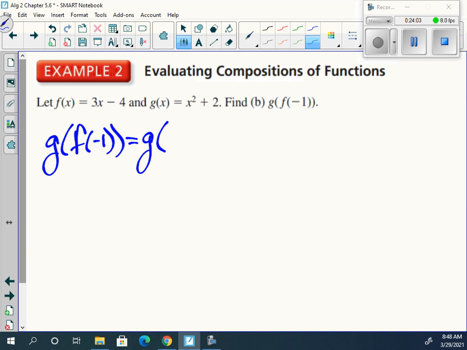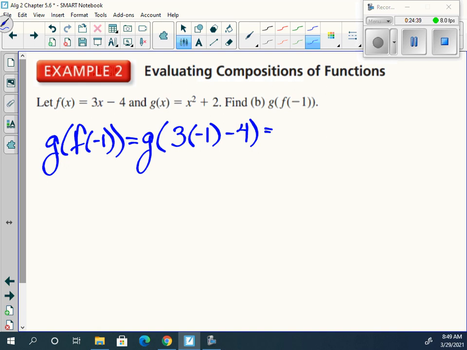All right, this is the next one we're going to look at, g of f of -1. We're going to start in the inside and move out. So to start off with, we're going to plug -1 into f of x. So any place there's this x in f of x, we will plug in -1, which will give us 3 times -1 minus 4.